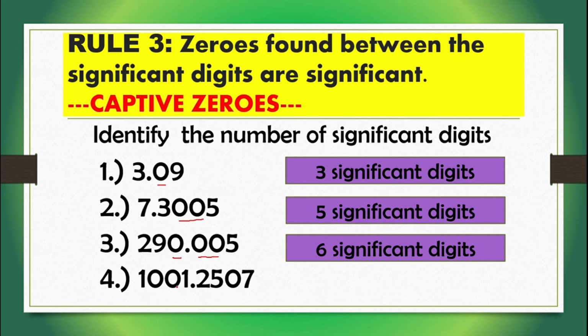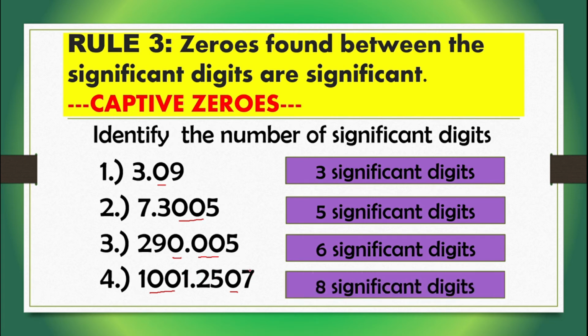And for the last one, we have 1001.2507. As you observe, there are zeros between significant digits, and therefore these zeros are part of significant digits. So if we count them, we will have 1, 2, 3, 4, 5, 6, 7, 8 significant digits.